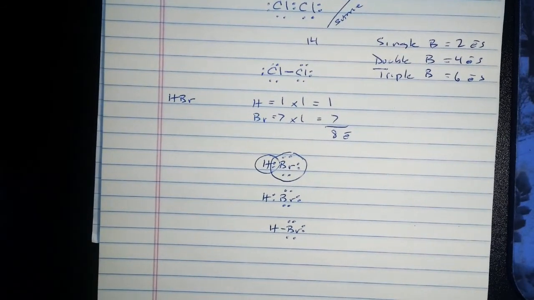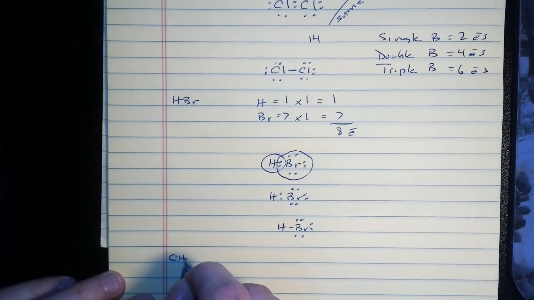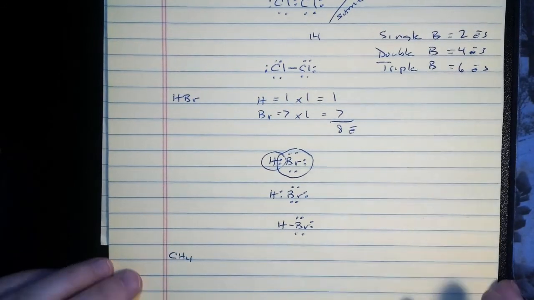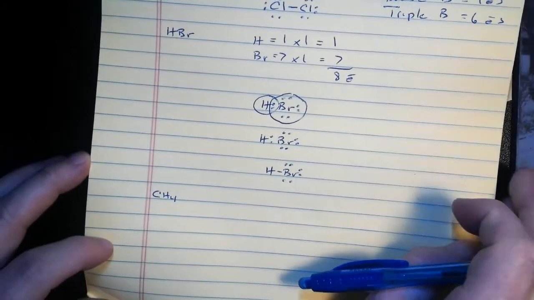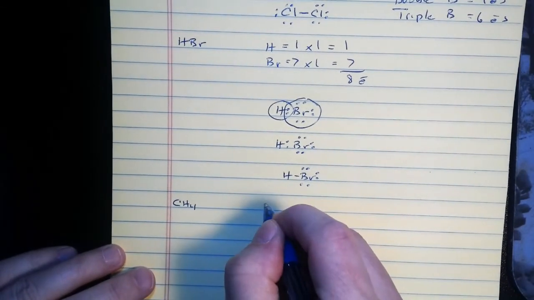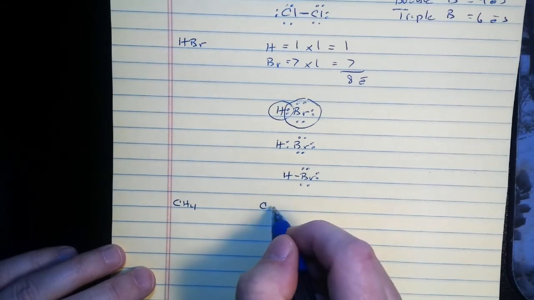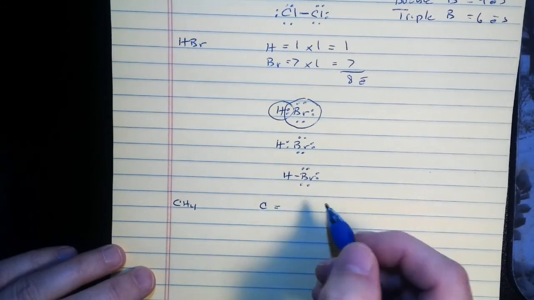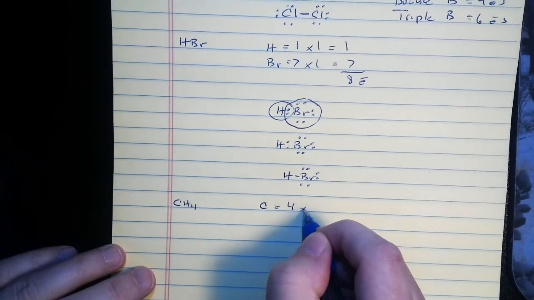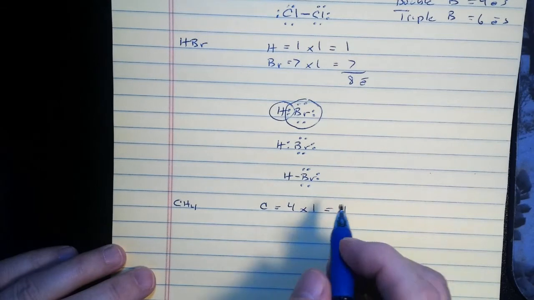Let's look at another one, our friendly methane gas that we really could not live without. Carbon is in group 14, so it's 4 valence electrons times 1 atom equals 4 total.